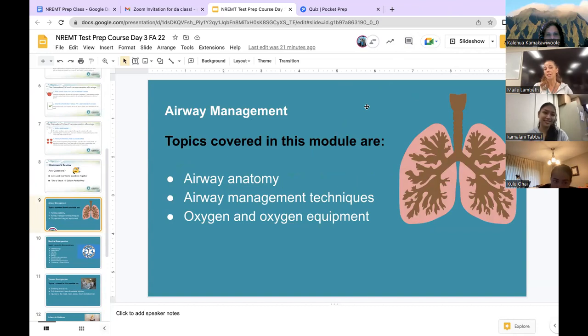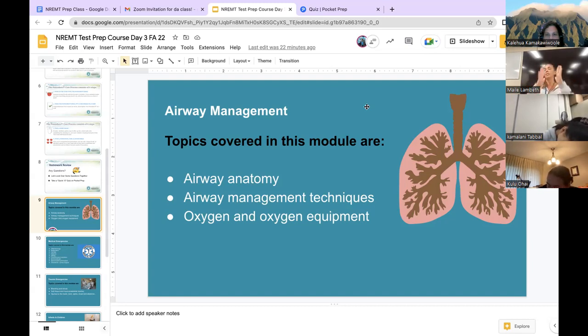For your airway section, okay, you guys got to know anatomy, your airway management techniques, and your oxygen equipment. So for airway anatomy, guys, go back to your Pearson stuff. At least have a diagram.